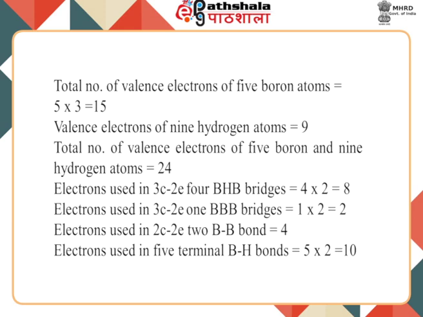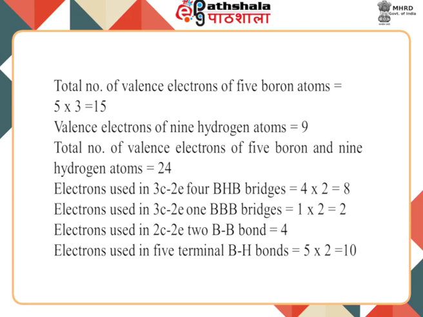Total number of valence electrons of 5 boron atoms is 15. Valence electrons of 9 hydrogen atoms will be 9, and total number of valence electrons of 5 boron and 9 hydrogen atoms will be 24.